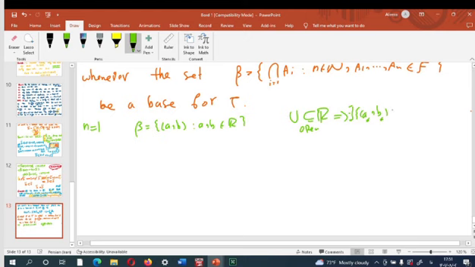By the definition of Euclidean topology, there exists a family of open intervals such that U is equal to this union.